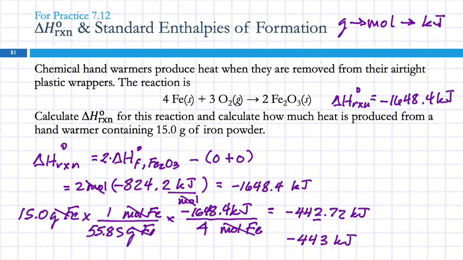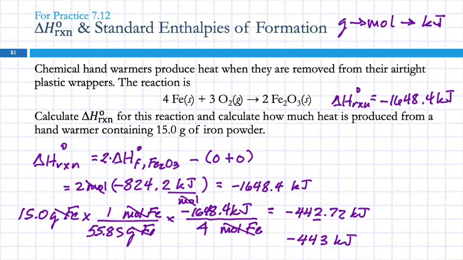The question here is calculate how much heat is produced. This is like saying, well, I spent negative $10 on my drink at Starbucks, right? I mean, they paid you to get a drink? What? No, I spent.